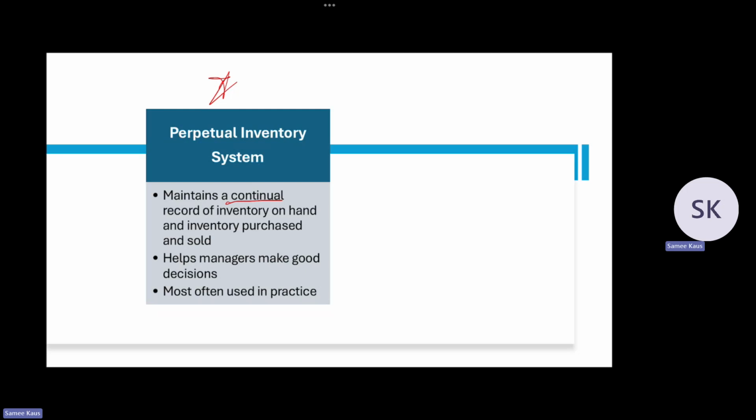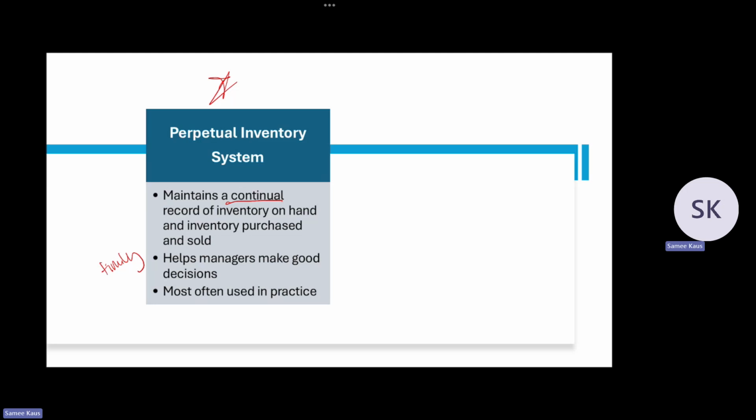So every time I make a sale, I am booking that sale and I am booking my associated cost of goods sold. For more advanced and sophisticated accounting software, this is what companies are going to use. And really, it just helps with the timeliness of things, right? Because I know a constantly updated record of my inventory items.